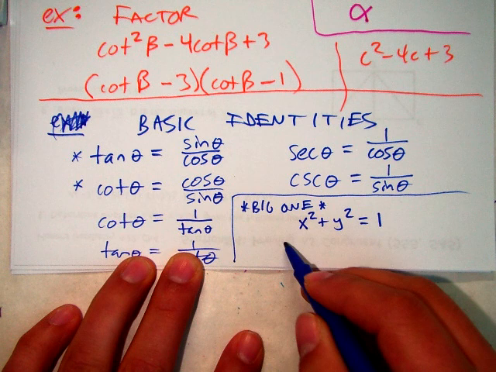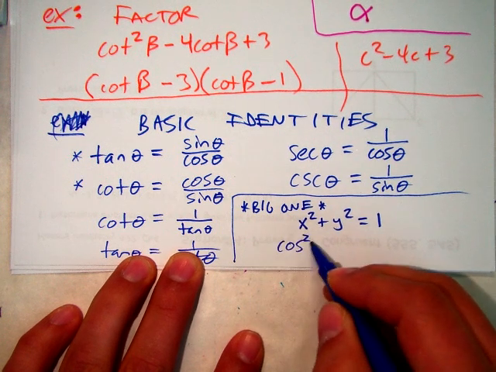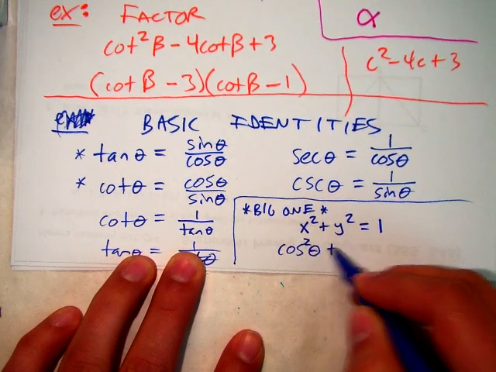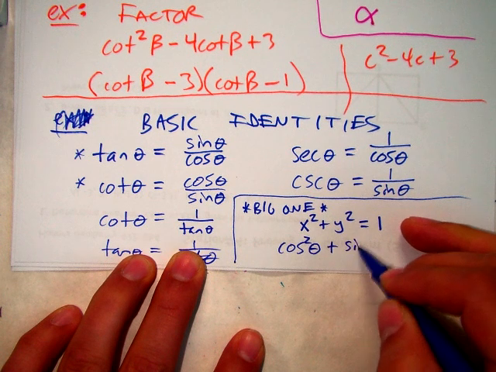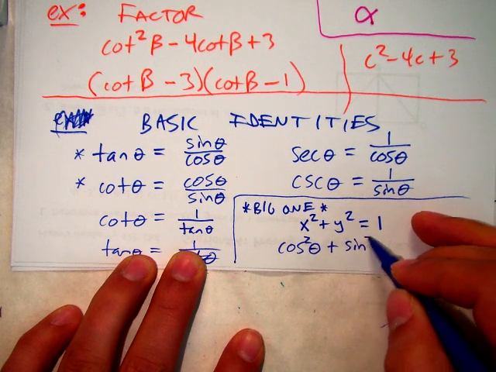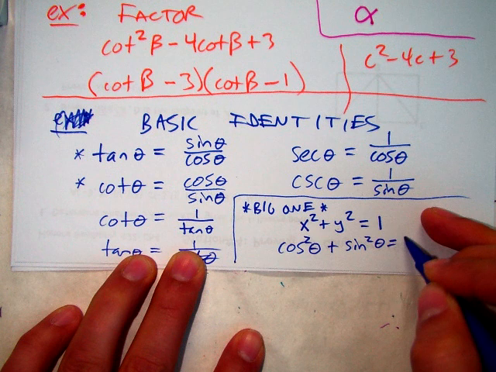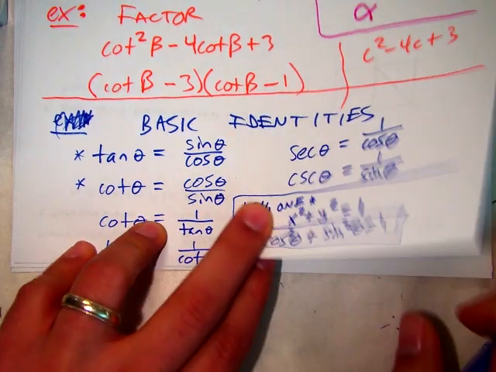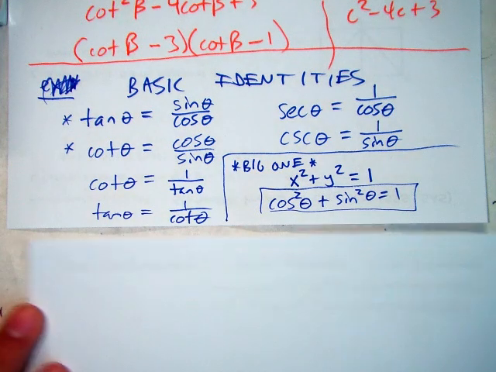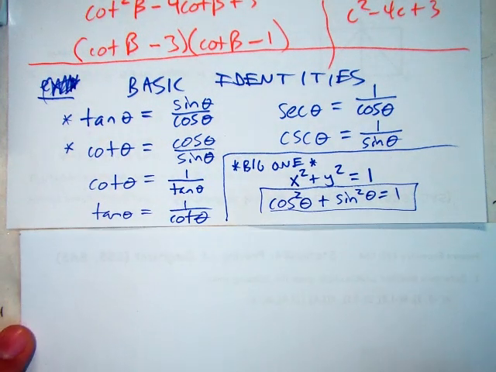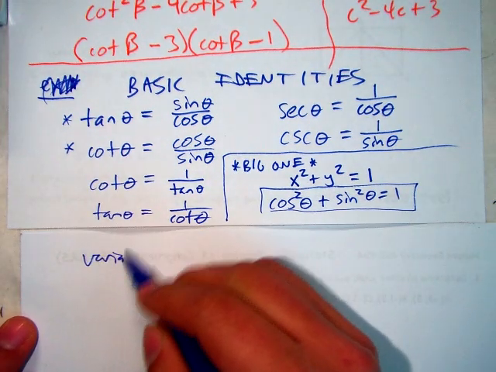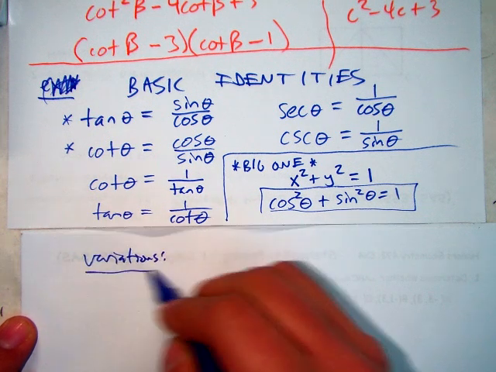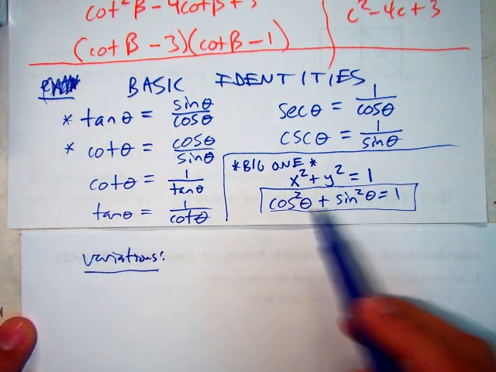Cosine. What's y? Sine. So this is the same as cosine squared theta plus sine squared theta equals 1. This identity is very, very, very important. It will come up frequently, and so will the other variations of this. What I mean by variations is you could move stuff around in this equation.